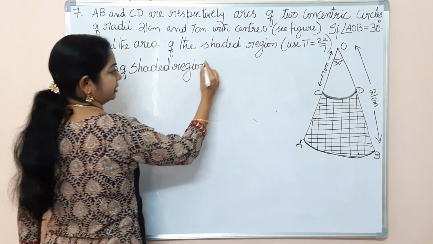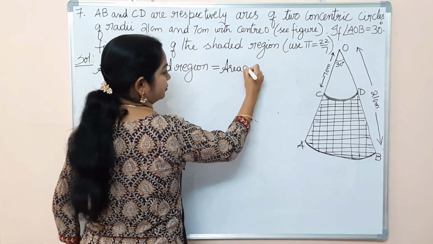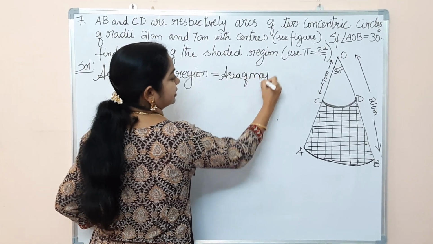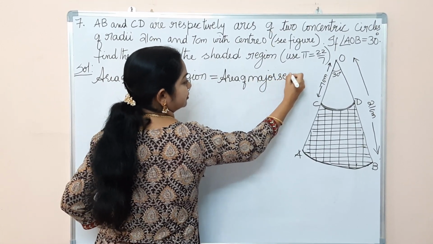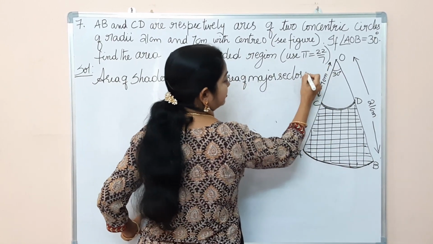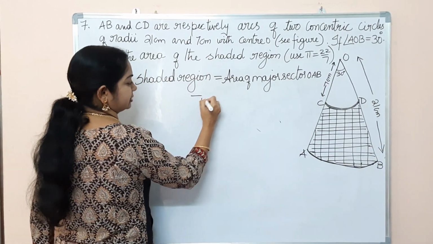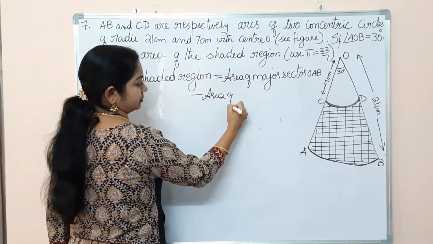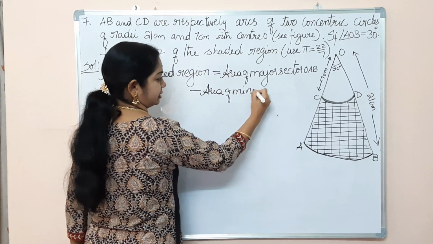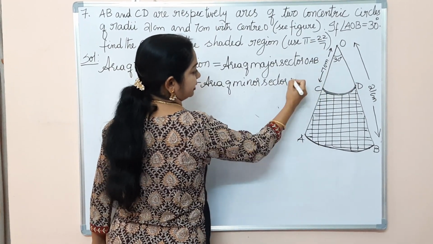So the area of the shaded region is the area of the major sector, OAB, minus the area of the minor sector, that is OCD.